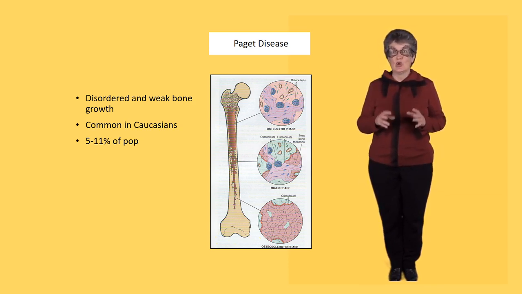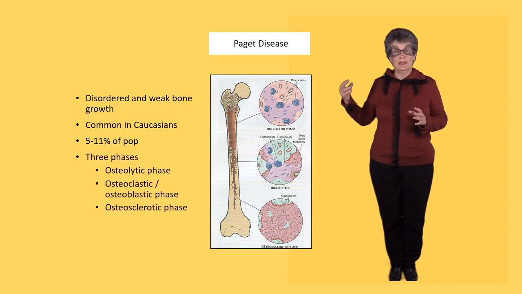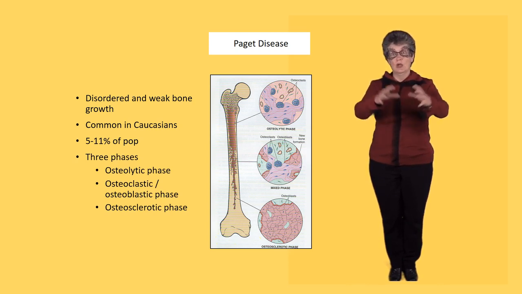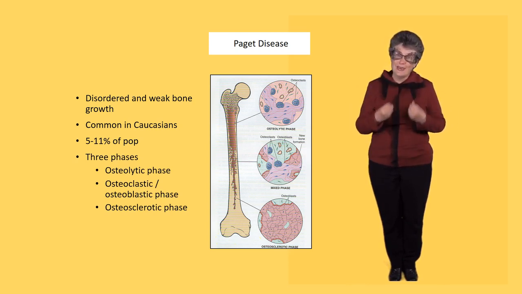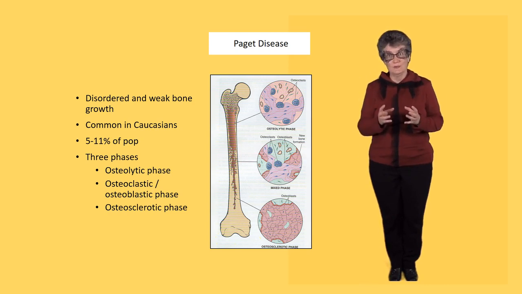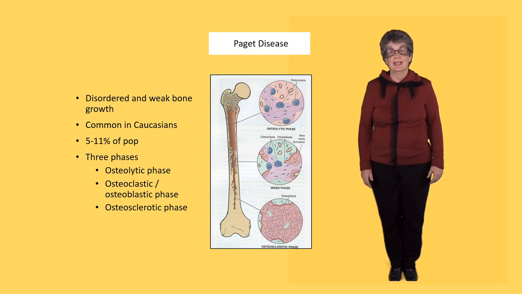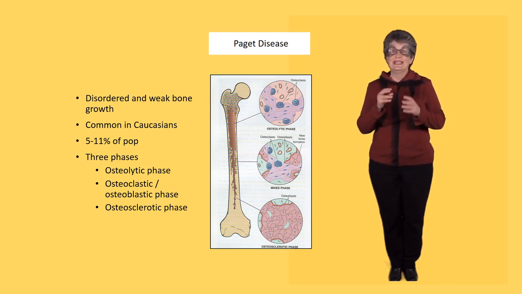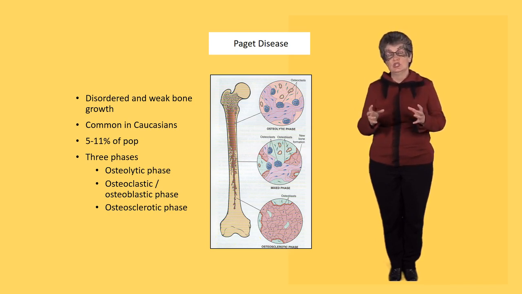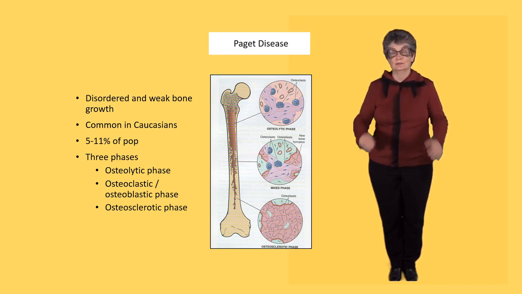Paget's disease undergoes 3 phases: an osteolytic phase, where bone is lost, and then an osteoblastic phase, where lots of bone is produced, but in a really disordered fashion. In this phase, there's lots of new blood vessels formed in the bone, and the bone thickens and expands.